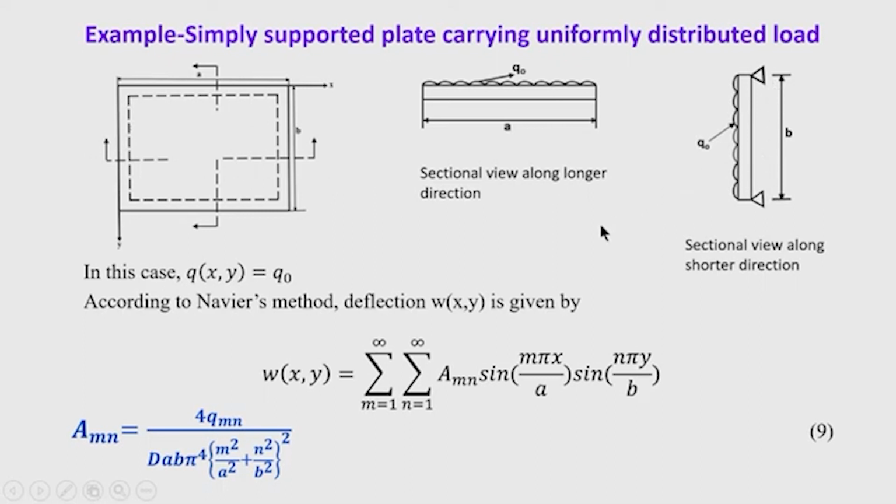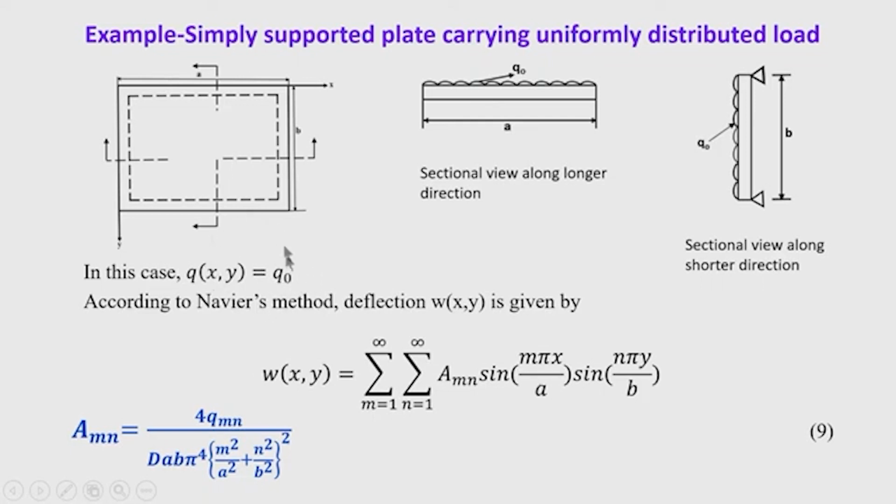The aspect ratio of the plate is A by B. Now, here the QXY, the loading function that we consider in the solution, is now a constant quantity which is uniformly distributed load per unit area. So, it is denoted as Q naught.